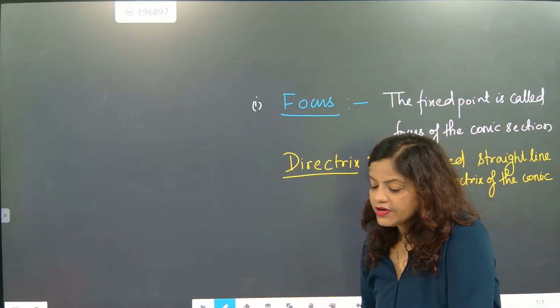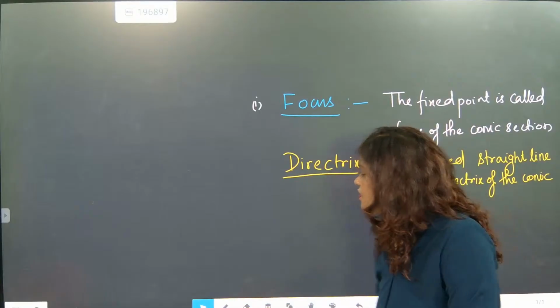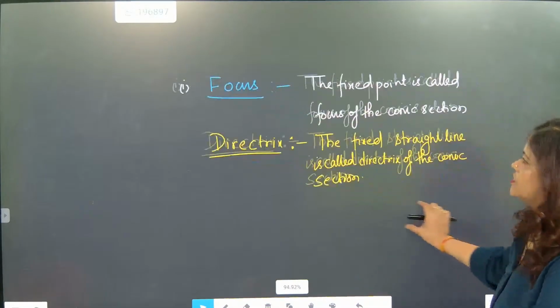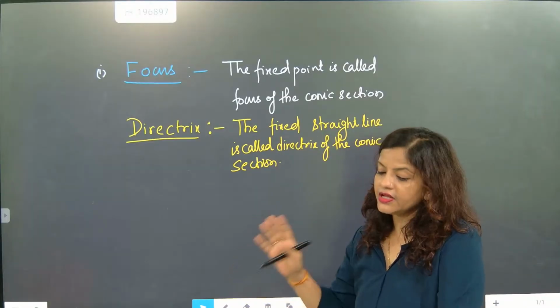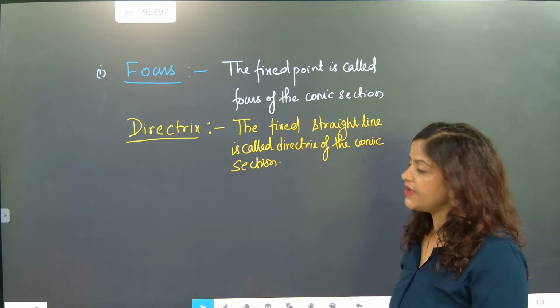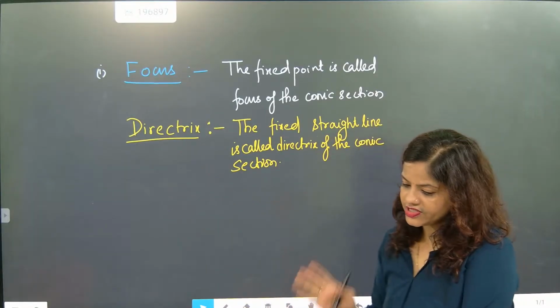I hope you might have understood better. The first point we have learned is focus, a fixed point in the conic section. In the same way, directrix is a fixed line.